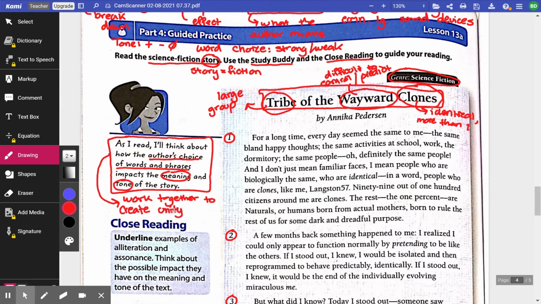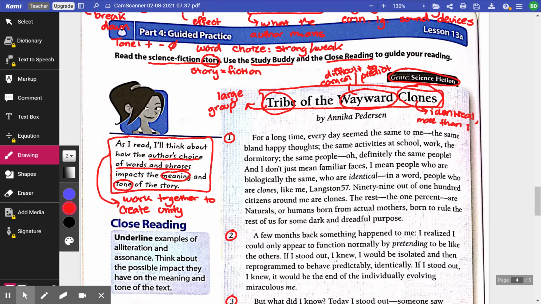And the unity that we're focused on right now is the unity of meaning and tone in the story. So as we read this, I just want this study buddy saying to be lingering in the back of your mind. I just want you to think about the author's word choice and how their word choice is going to impact or affect the meaning and the tone of the story.